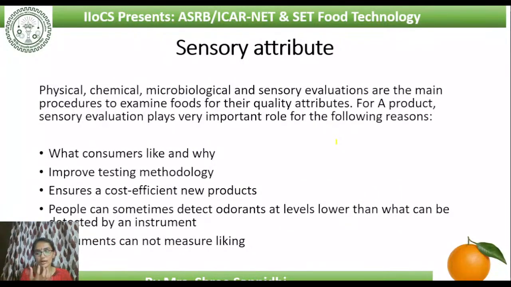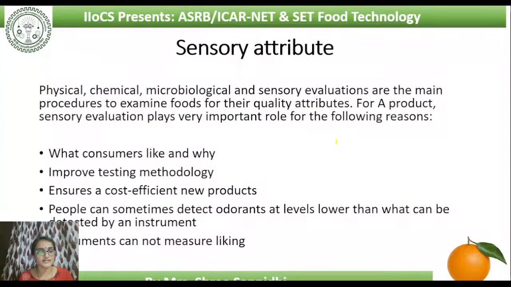So we have to taste and check if it is acceptable or not. All these things should be examined to know the quality attribute of the food. For a product, sensory evaluation plays a very important role for the following reasons. So let us see why sensory evaluation is important.